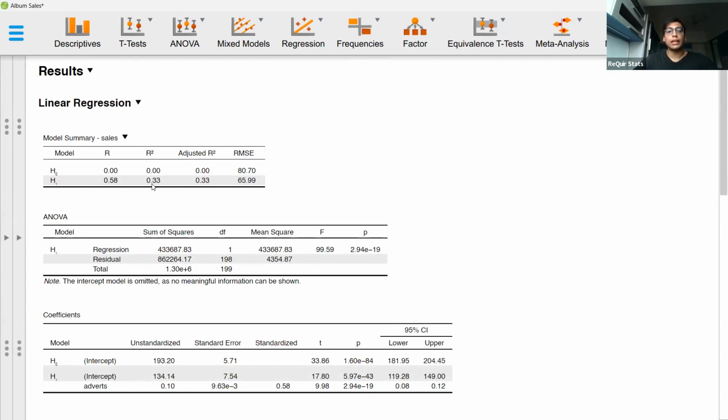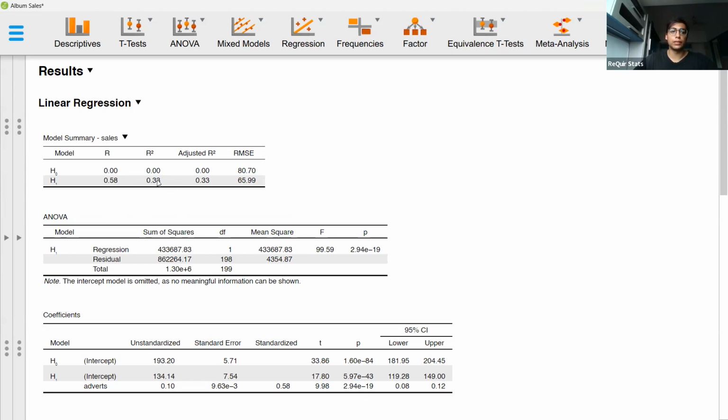R squared is the coefficient of determination, and it explains how much of the variance of the response or dependent variable is explained by the predictor variable.